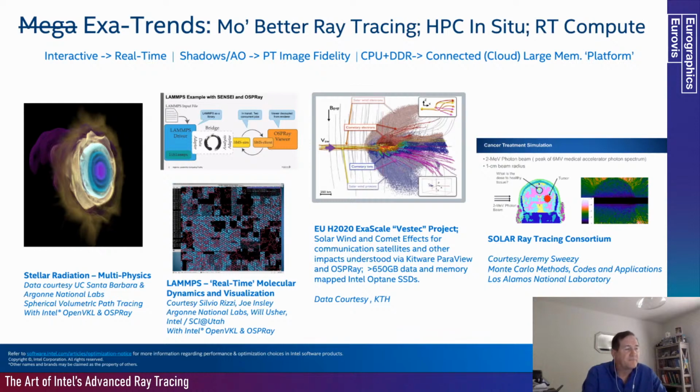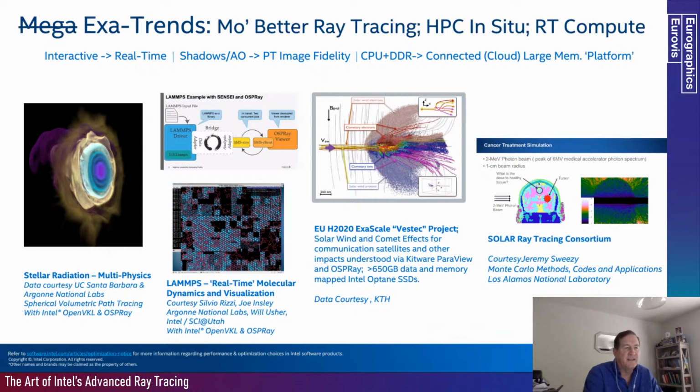And again, a very large data set here. We have demonstrated up to 650 gigabytes of data on a 192 gigabyte platform. In this case, a technology that maybe a lot of people aren't fully aware of, our Intel Optane SSDs can be mapped as memory, very similar to our Optane DIMMs, and you can get some quite stunning results.